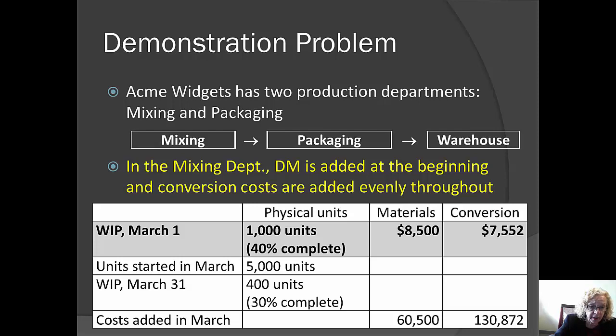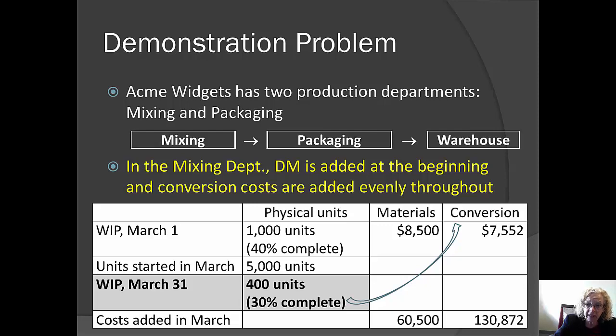We're told that during the period we started another 5,000 units, and at the end of the period we have 400 units that we're told are 30% complete. And again, we know that that 30% completion must be only for conversion, because we know that all materials are added at the beginning of the process.